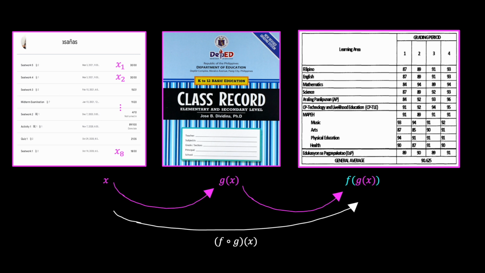For you to produce g of x, we must have x. And for you to produce f of g of x, we must have g of x. So x will evolve into g of x, and g of x will turn into f of g of x, and that is f circle g of x.